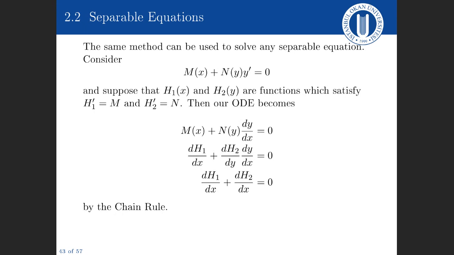Then our differential equation is just dh1 dx plus dh2 dy, dy dx is equal to 0. And by the chain rule, that's the same as dh1 dx plus dh2 dx is equal to 0. And at that point, we could just integrate to write that the solution is h1 plus h2 is equal to c.